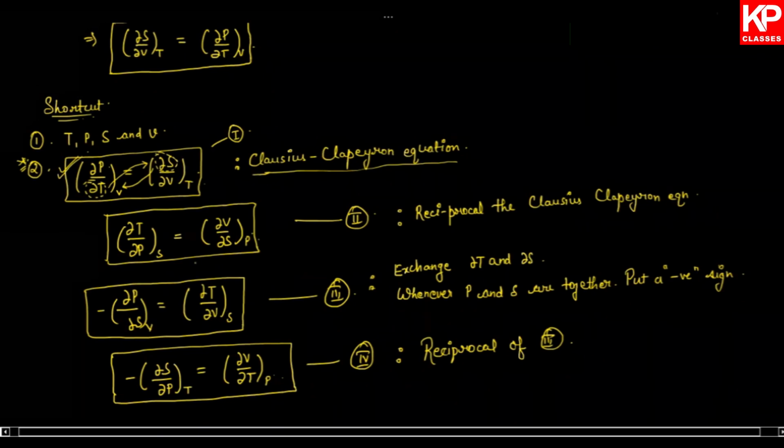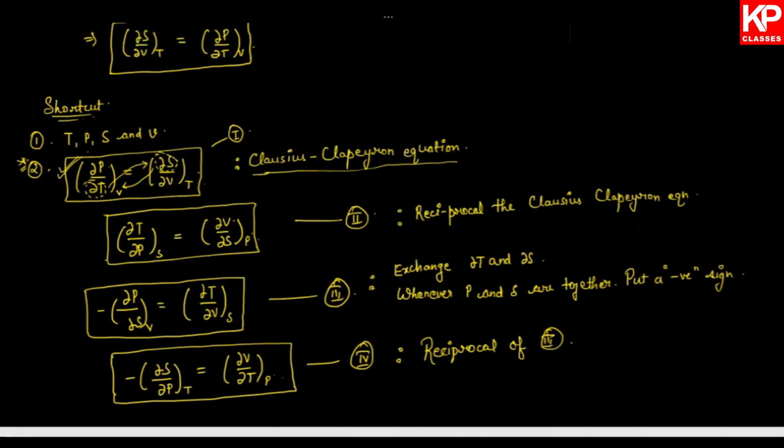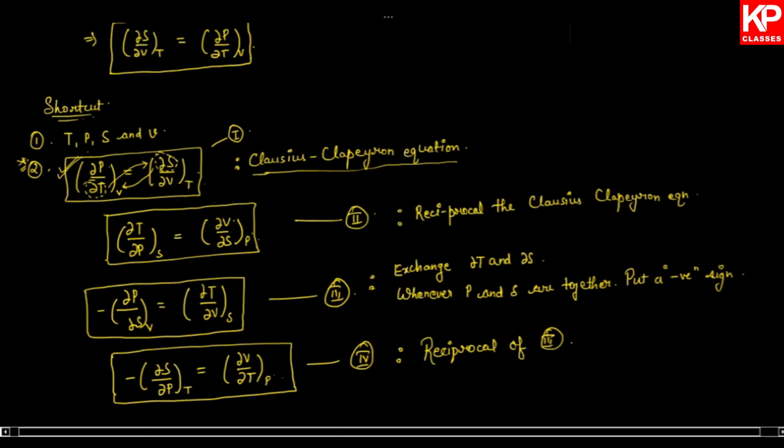So instead of going through all the derivation, writing out the dh, du and the differential equations and then deriving the relation in Maxwell form, you can directly learn these equations and directly produce the other three based upon the first one.